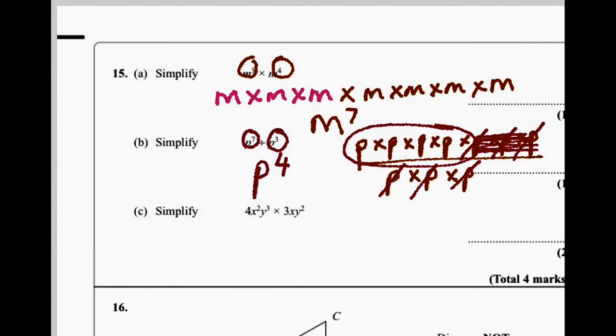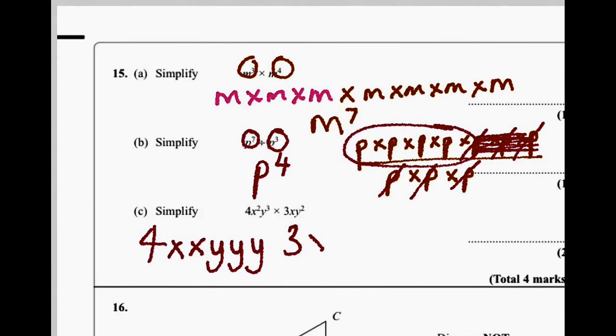Finally, if we think about this, we've got 4 times x, times x, times y, times y, times y, and we're multiplying that by 3 times x, times y, times y. The 3 times the 4 makes 12. The x times the x times the x makes x cubed.